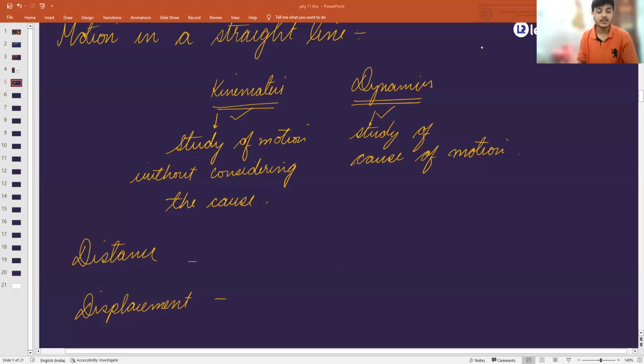Okay. So what is distance and what is displacement? Before that, I have to explain rest and motion.